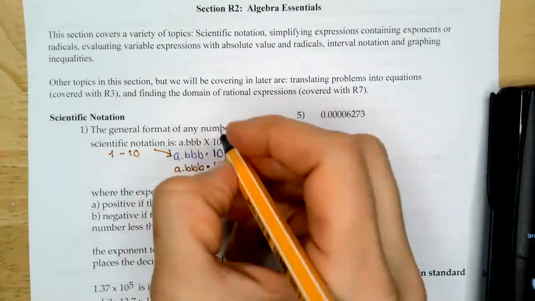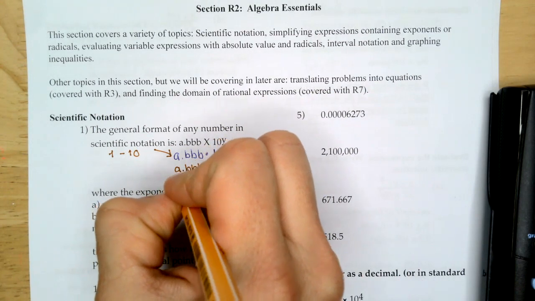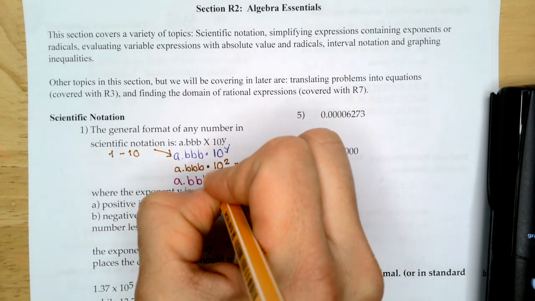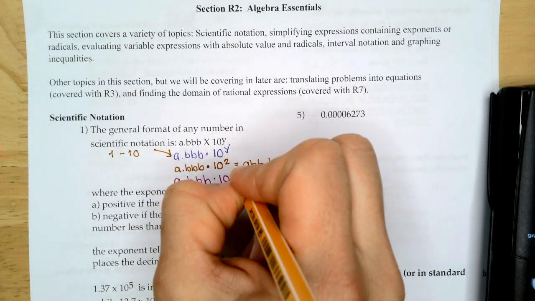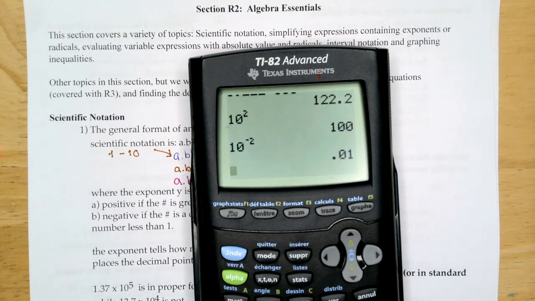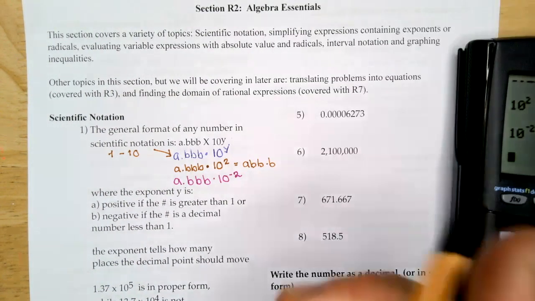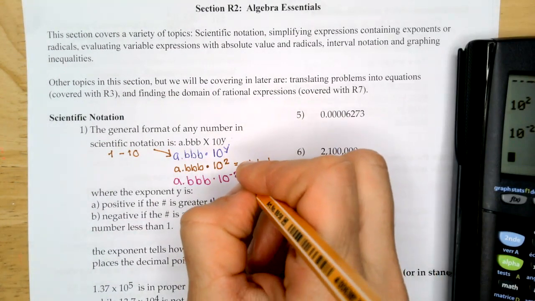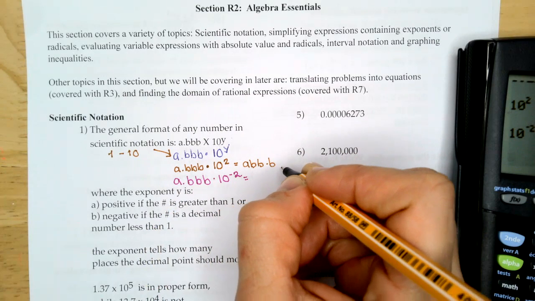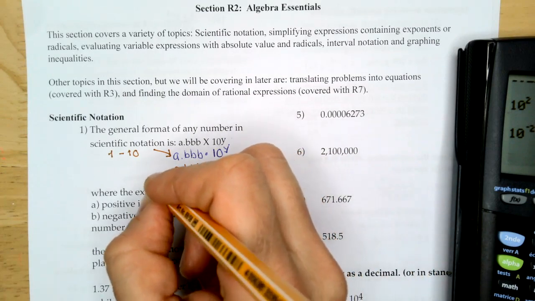Conversely, when you make that exponent a negative, we move in the other direction. Because 10 to the power of negative 2 is a decimal, so that's a smaller number. In that case, we're going to move in the other direction. So instead of a point b becoming ab point b, it's going to move 2 places in the other direction.